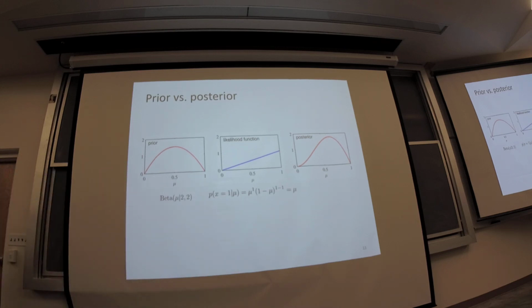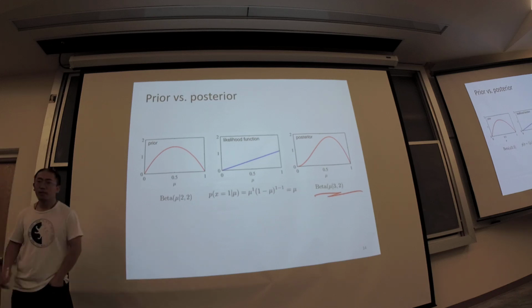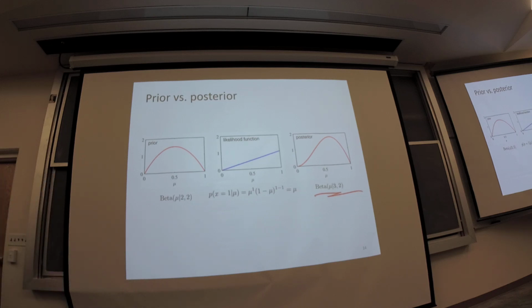It now becomes beta of mu with 3, 2. Remember, the posterior is a plus x, b plus 1 minus x. So x is 1, a is 2, so this becomes 3, and 1 minus x is 0, so here it's still 2.